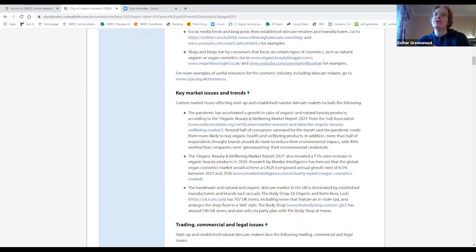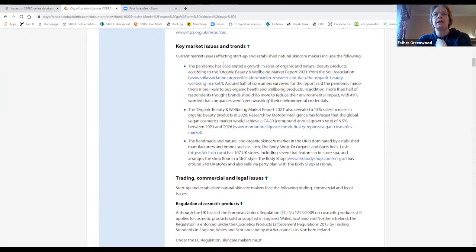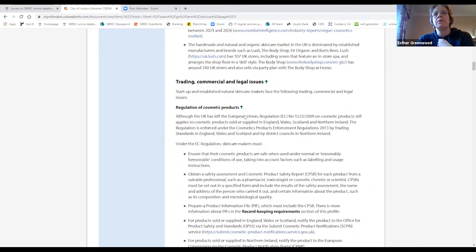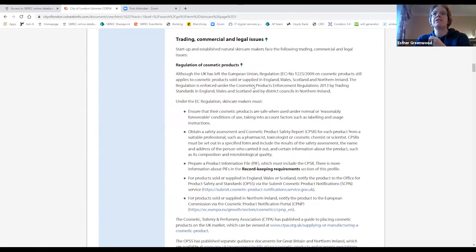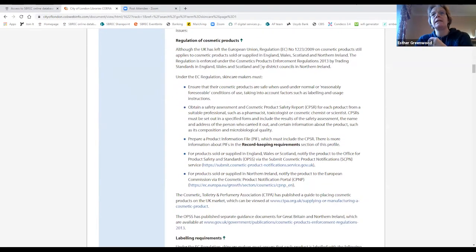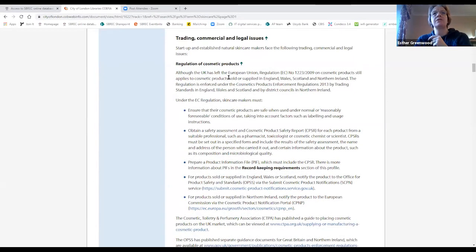Here you mentioned that you were talking about organic cosmetics in particular, and here's a couple of blogs that they've highlighted. Again, some reports. You were particularly asking about the regulation of cosmetics, and this is the regulation that you will still need to comply with at the moment.